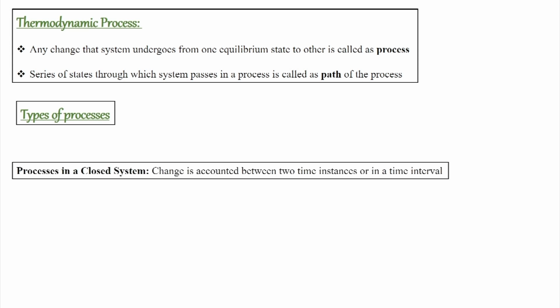The first type: suppose we are considering processes in a closed system. Then we are looking at two different time instances.